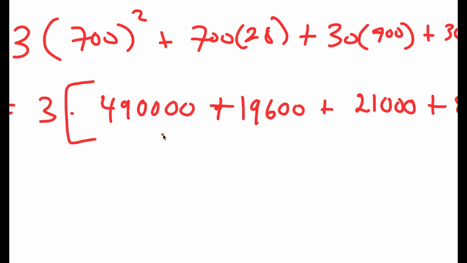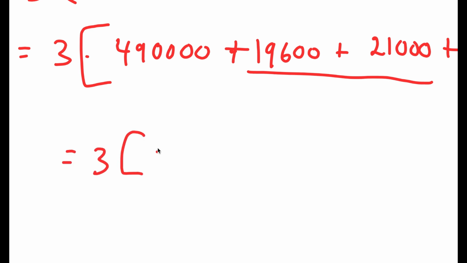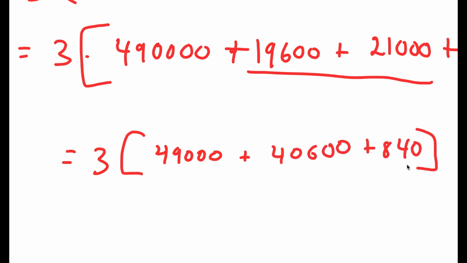So now, if I add these two together, I get 49,000 plus 40,600. So I have this plus 840.